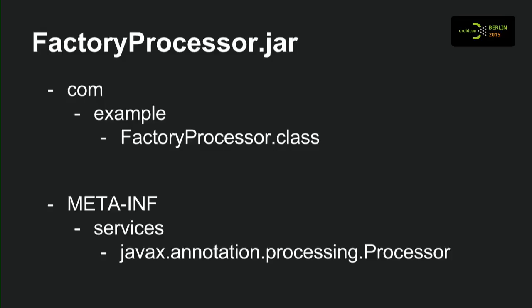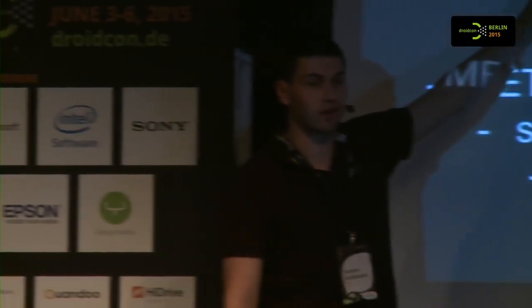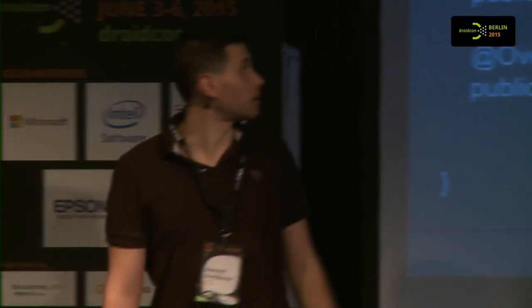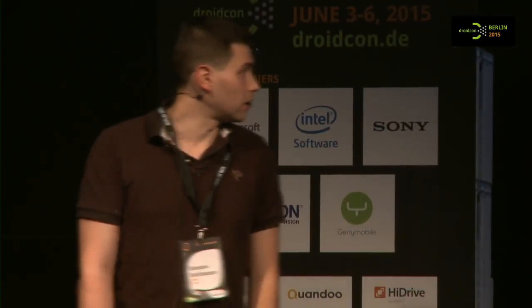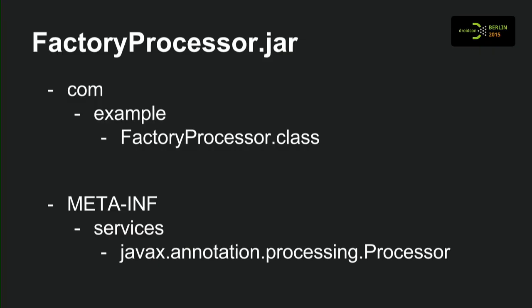But we also have to provide a META-INF folder, which contains a subfolder services, which contains a single file called javax.annotation.processing.Processor. In this file, we write only the fully qualified class name of FactoryProcessor. And Java, or javac to be precise, scans all the jars in your build path, checks whether there is such a file, reads it out and registers that annotation processor.